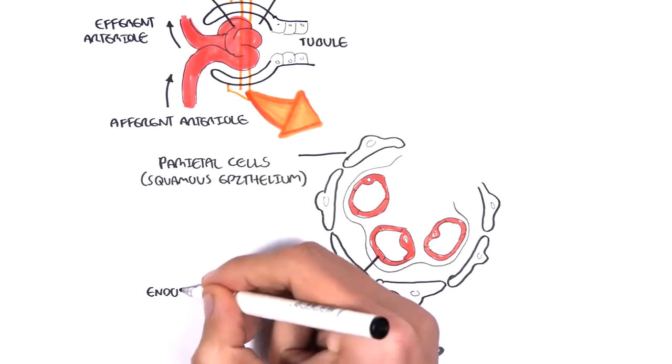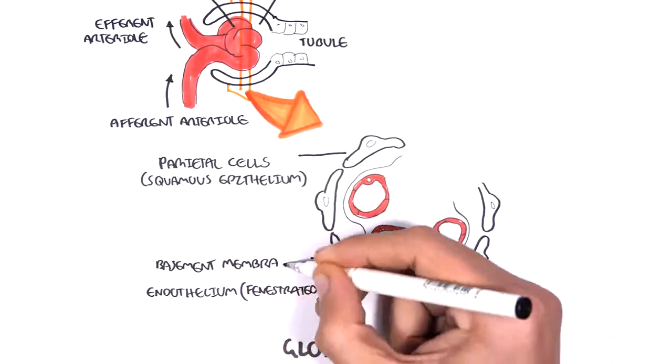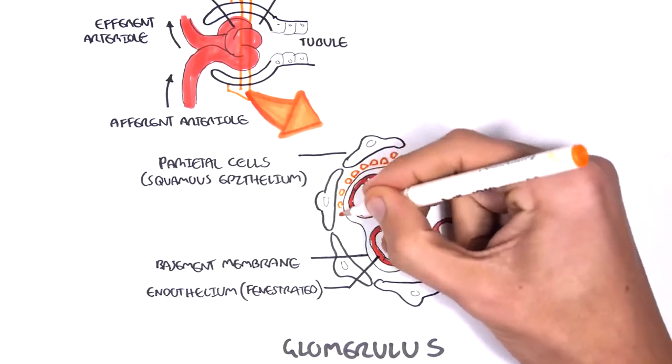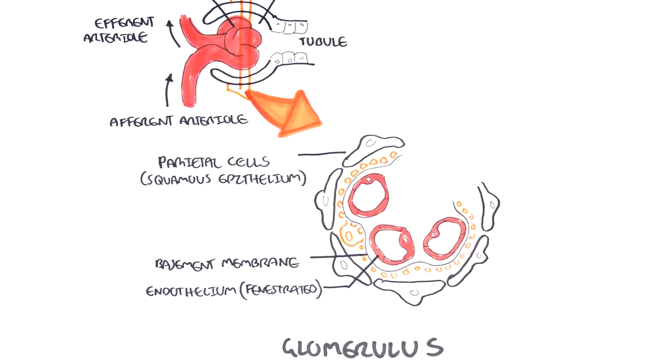The vessels are made up of fenestrated endothelium, which allows for filtration. Surrounding the fenestrated endothelium is the glomerular basement membrane. Then, surrounding the basement membrane are cells called podocytes, with their foot projections.